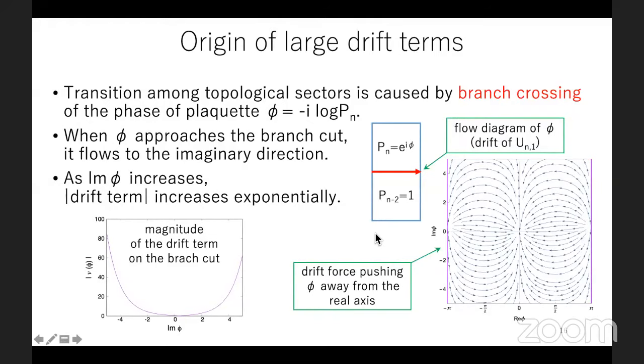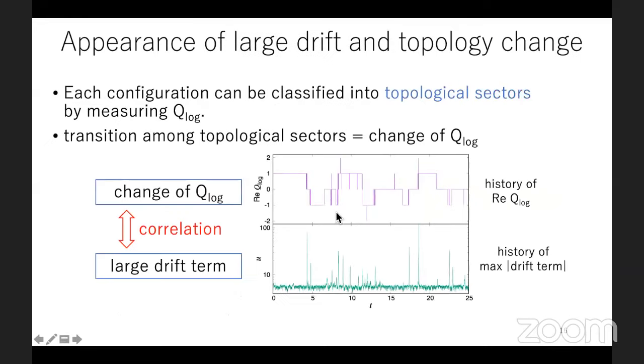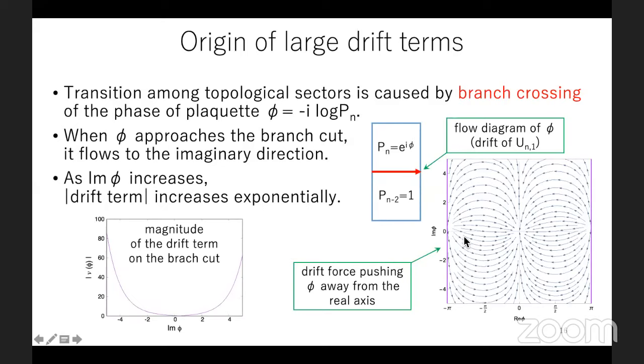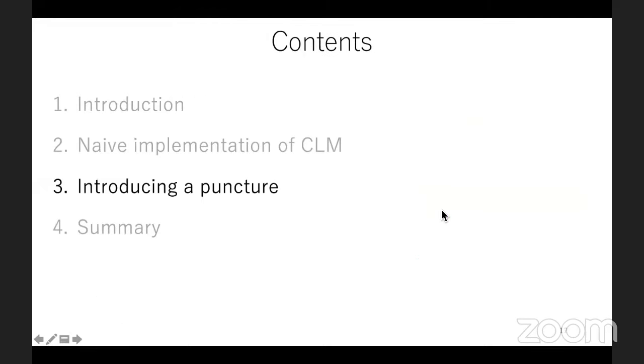So that's the reason why the topological change of configuration and the appearance of large drift terms are correlated. When the topological charge of the configuration changes, the large drift term tends to appear. We need to improve this point.